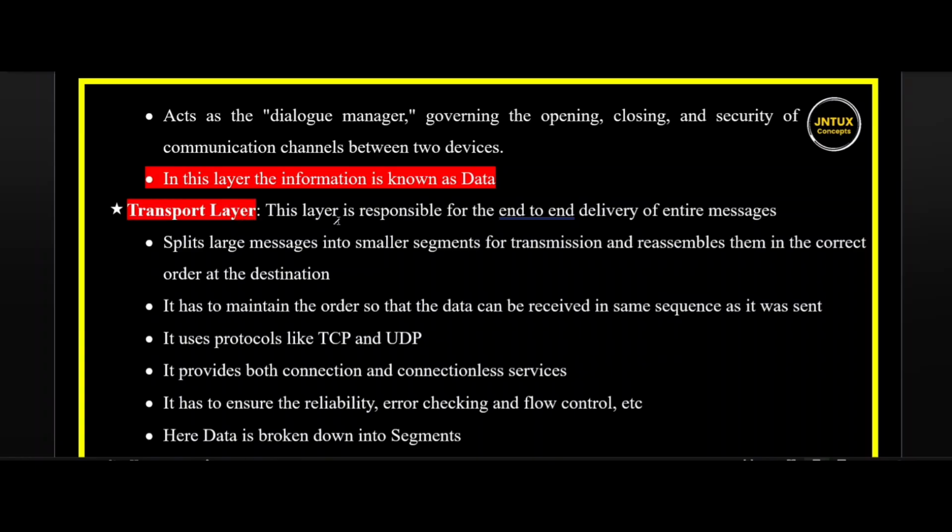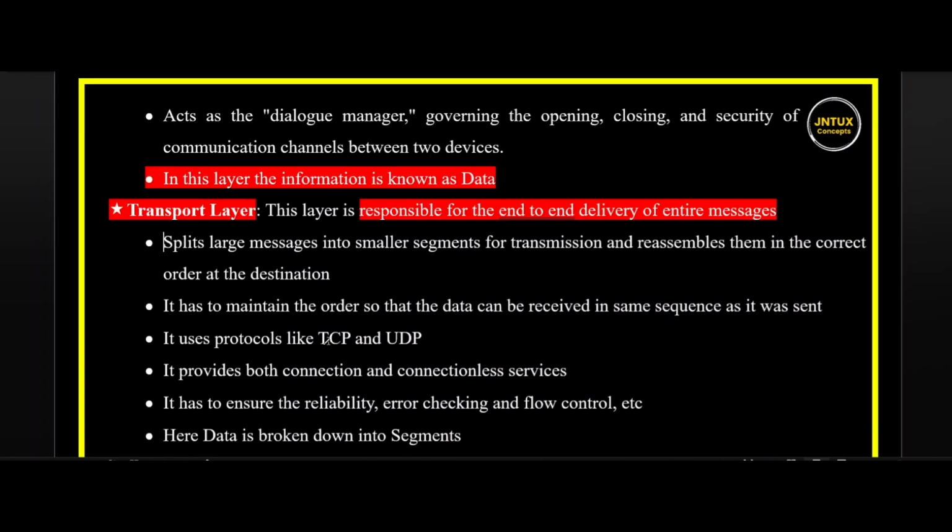The fourth one is the middle layer, the transport layer. This layer is responsible for the end-to-end delivery of entire messages. It splits large messages into smaller segments for transmission and reassembles them in the correct order at the destination. It has to maintain the order so that the data is received in the same sequence as it was sent from the sender.